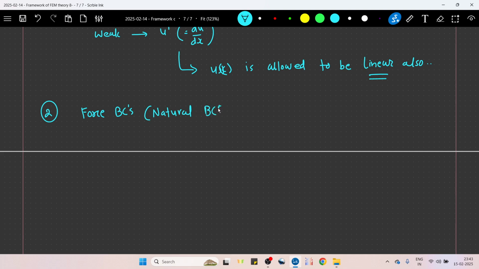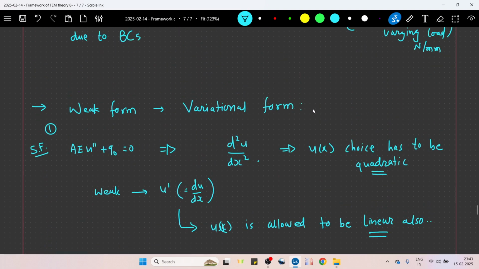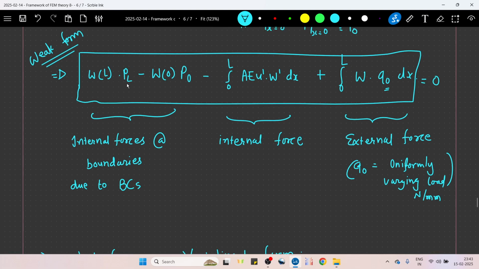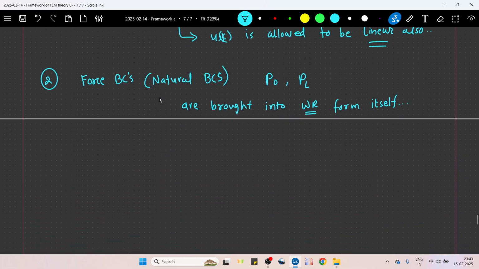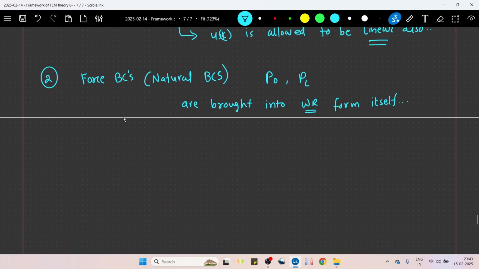So these natural boundary conditions, p 0 and p l, are embedded into the weighted residual form itself. They are inbuilt into our weighted residual form. So that is another observation.